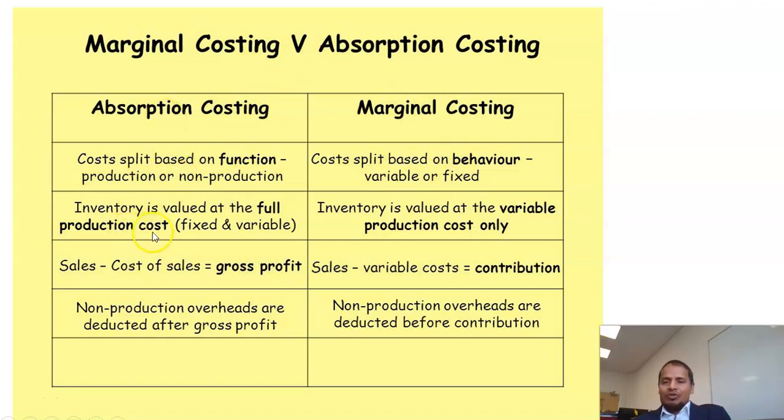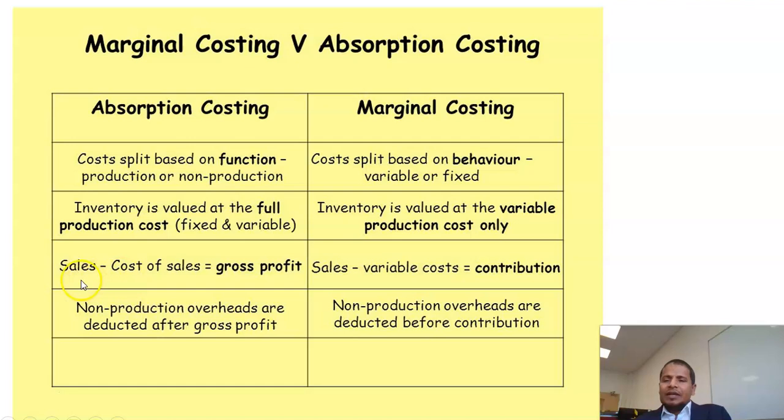In case of absorption costing, inventory is valued at full production cost. That is, all fixed and variable costs are included in product cost, production cost. All the cost is included, all the manufacturing cost, remember. But in case of marginal costing, only variable production cost is charged on inventory, calculated as inventory cost or product cost.